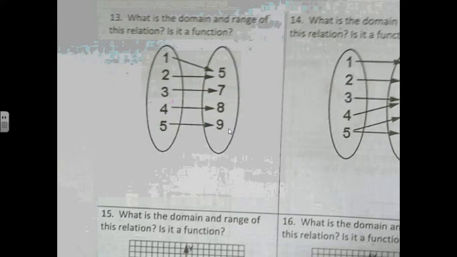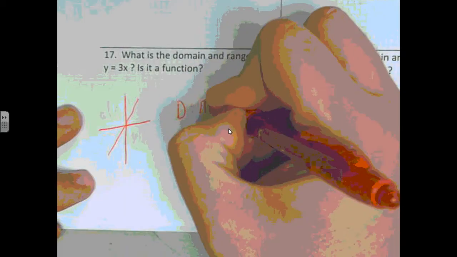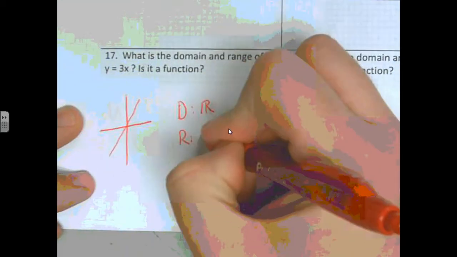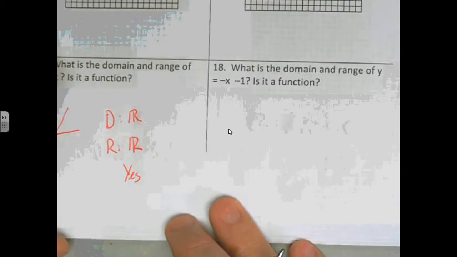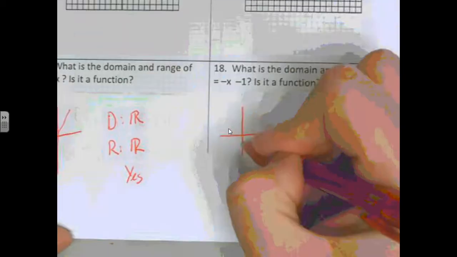We're looking at number 17. Okay, y equals 3x. All real numbers, yes. What about the range? Is it a function? It has a y-intercept of -1.